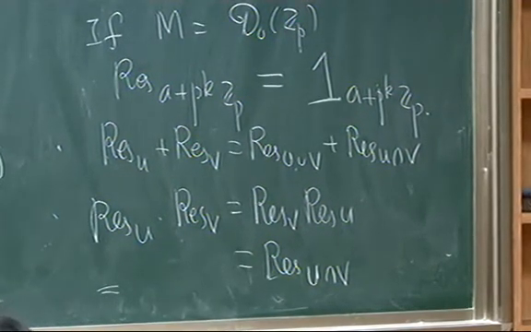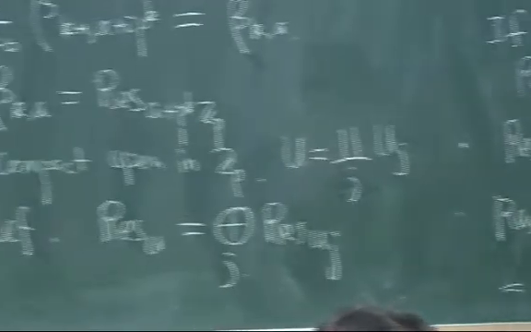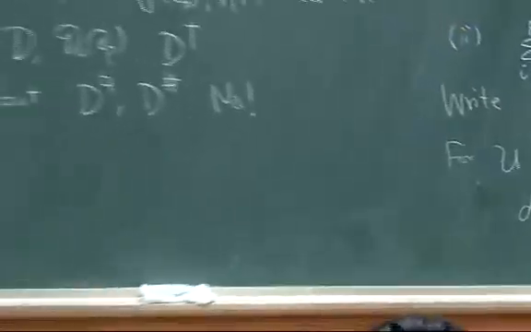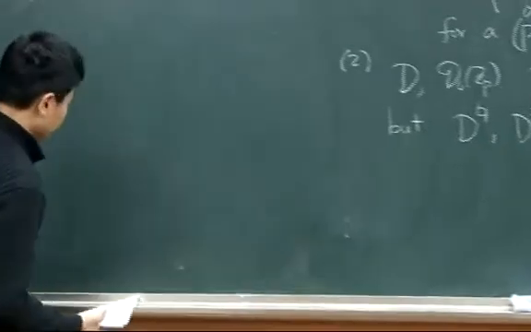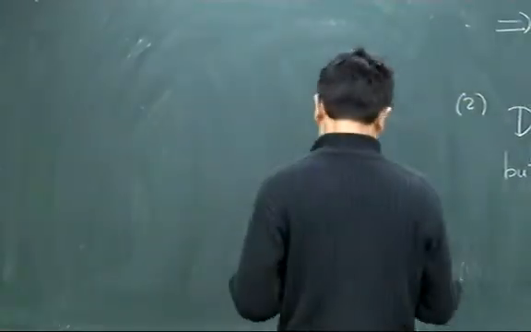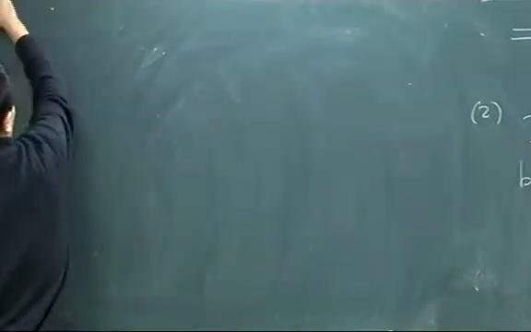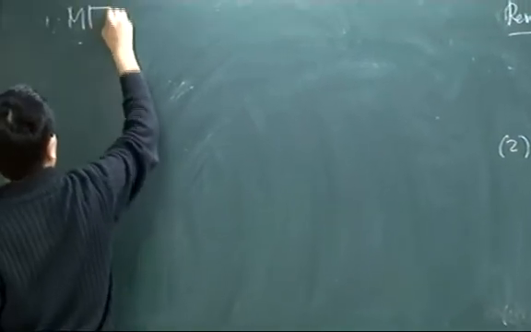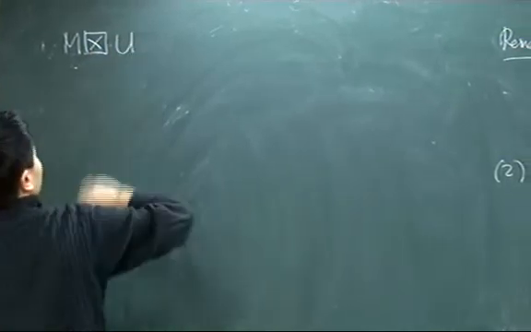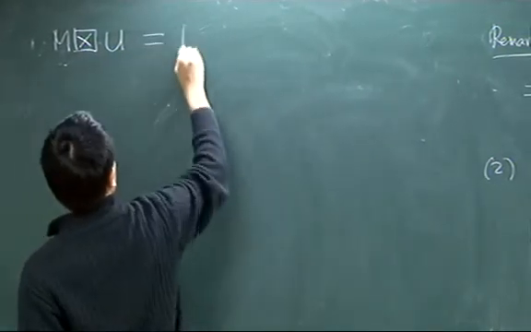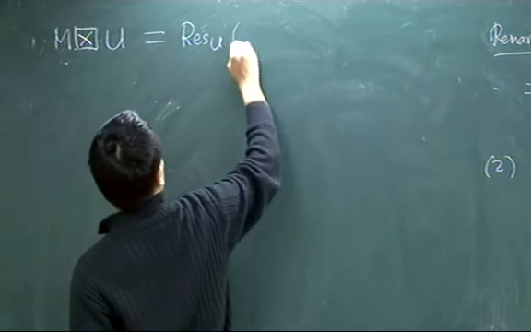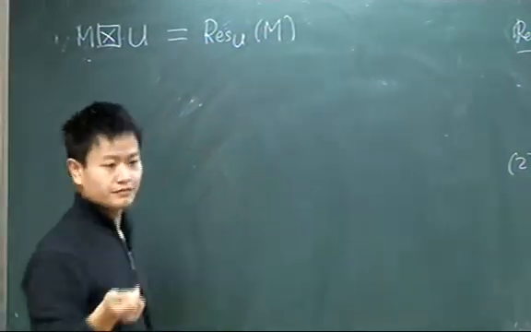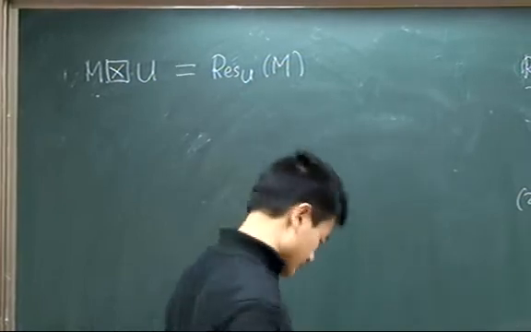Now, this is for Zp. What about for U in Qp, a compact open set in Qp? First we look at M, this is just the restriction map of M. For this one, we just let this.